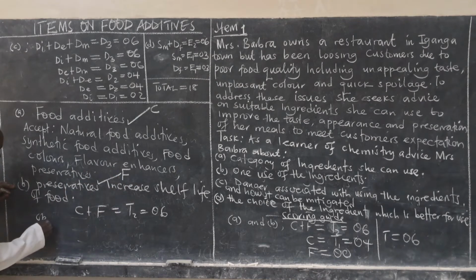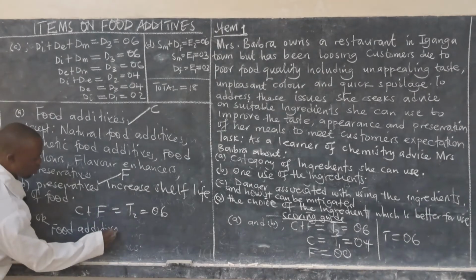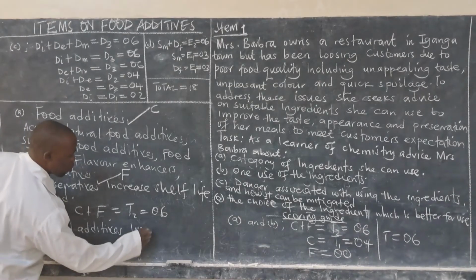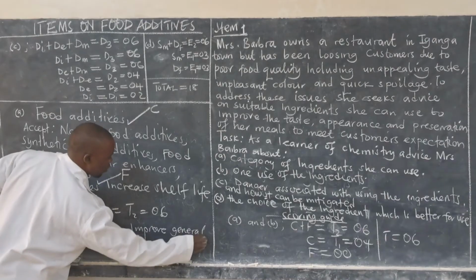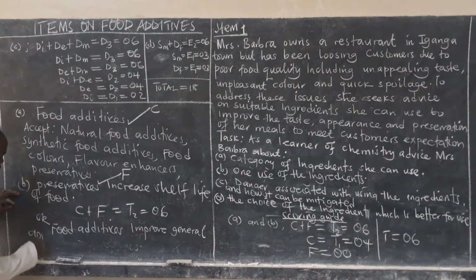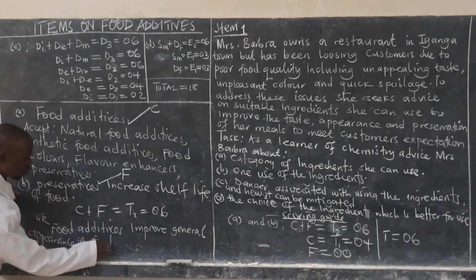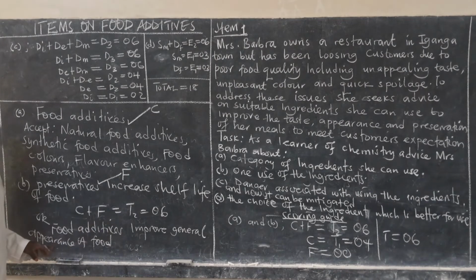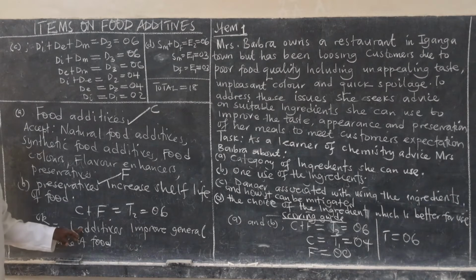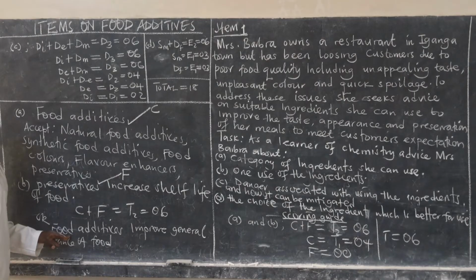So possible answers can be food additives improve general appearance of food. Or they can be more specific: food colors improve general appearance.